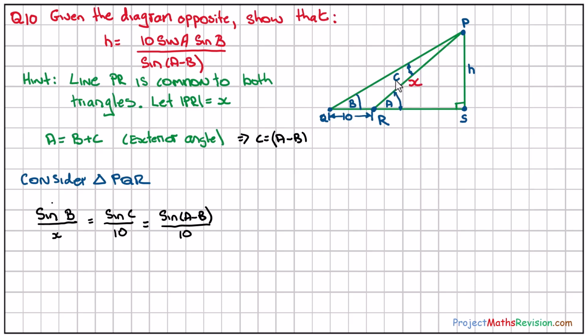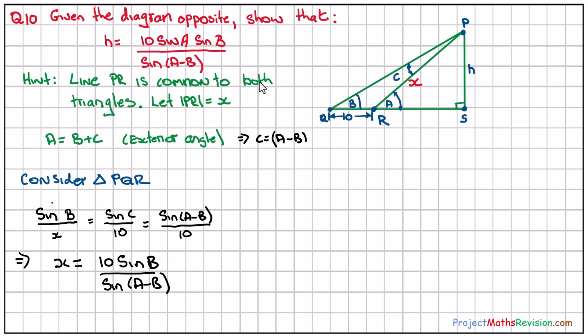But we know C is A minus B, so that's the same as sine of A minus B over 10. So we could find X, remembering it's a common length between the two triangles. We cross multiply and get X equals 10 times sine of B over sine of A minus B. And that's beginning to look like this expression up here.